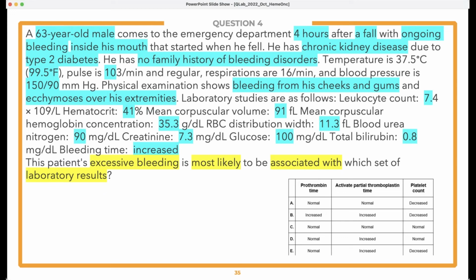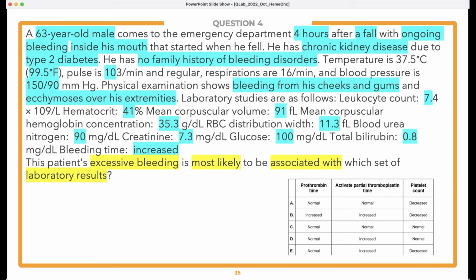They tell us about past medical history, CKD and diabetes, nothing in the family. You definitely want to know if there's any family history of bleeding disorders in case this is something genetic. Again, physical exam findings. And again, as I highlighted, very important to look at those lab findings and figure out what's relevant here, what's abnormal, okay?